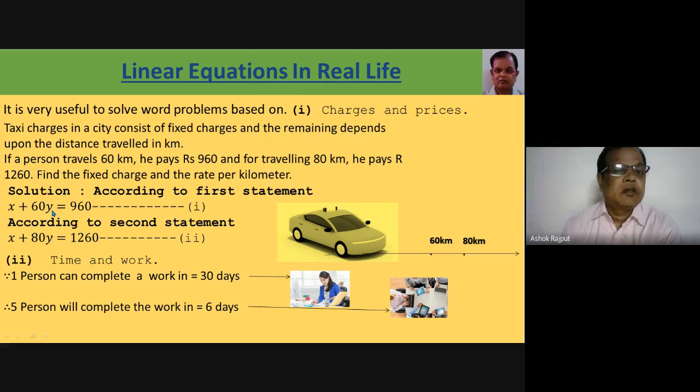We travel 60 kilometers, so x plus 60y equal to 960, and according to the second statement x plus 80y equal to 1260, because in the first he traveled 60 kilometers and in the second he traveled 80 kilometers. So these are the equations. You will make equations this way, solve, and find the values of x and y.